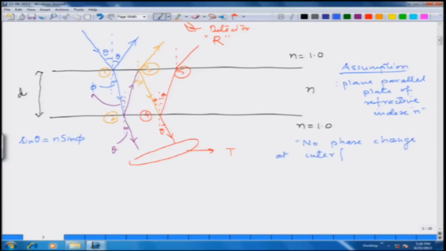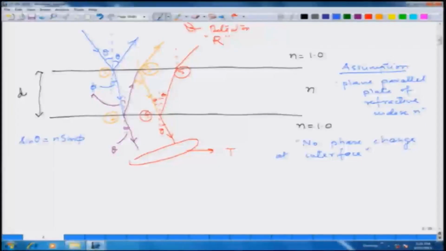And the reason we are saying that is because when we develop this formulation, we are going to use the Fresnel coefficient that we derived in the last lecture, where the Fresnel coefficients by themselves will be positive or negative and will tell you if there is a phase change at a particular interface. So, we will assume no phase change while developing this formulation, and it will be corrected when we give the equation for the Fresnel coefficient.